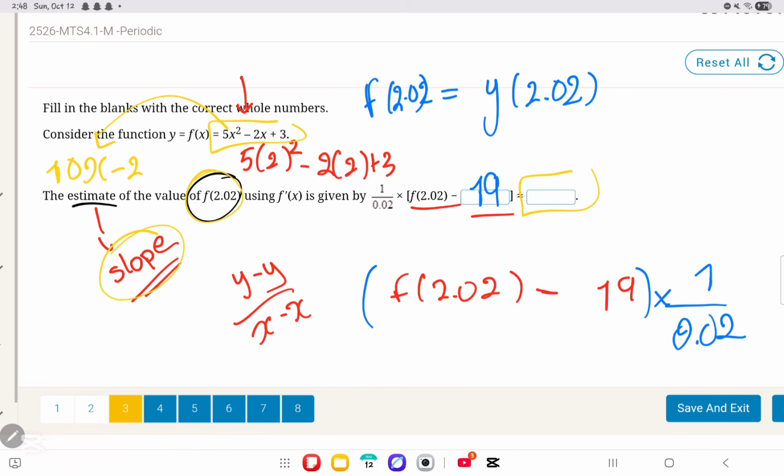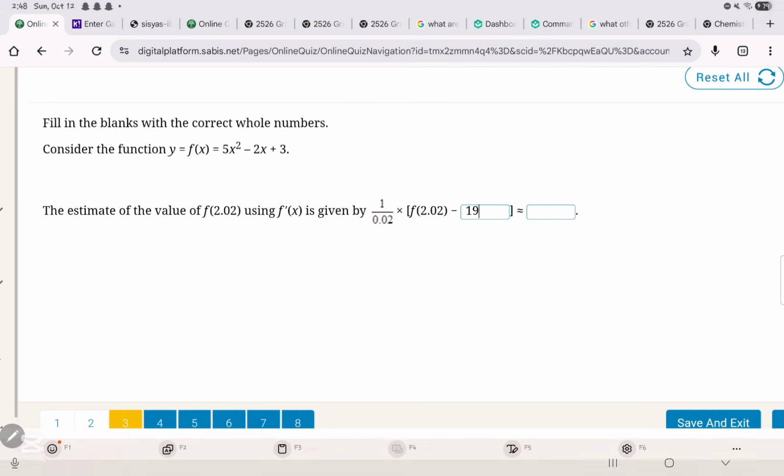Instead, we substitute the value 2. Why do we substitute the value 2 instead of x? Because we are not looking for the value of f(2). We're looking for f(2.02). So because we're looking for this, we cannot use it. That's why it's going to be 10 times 2 minus 2, which is 18. So it's approximately equal to 18.